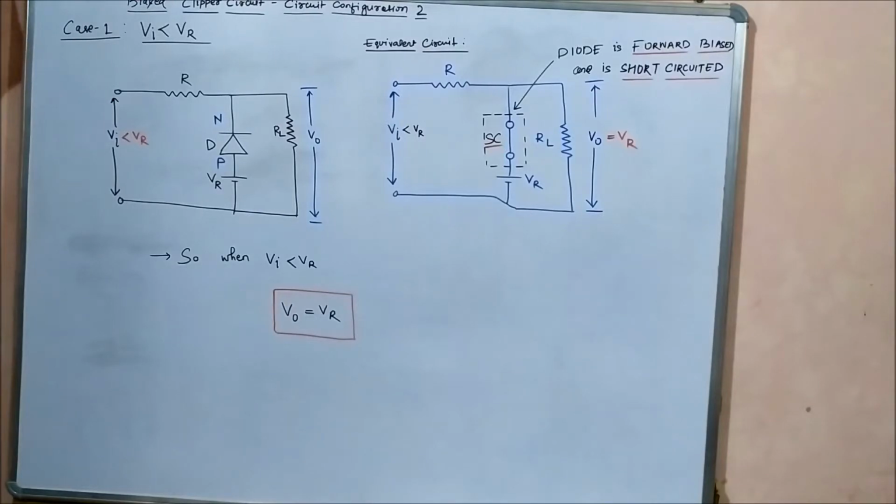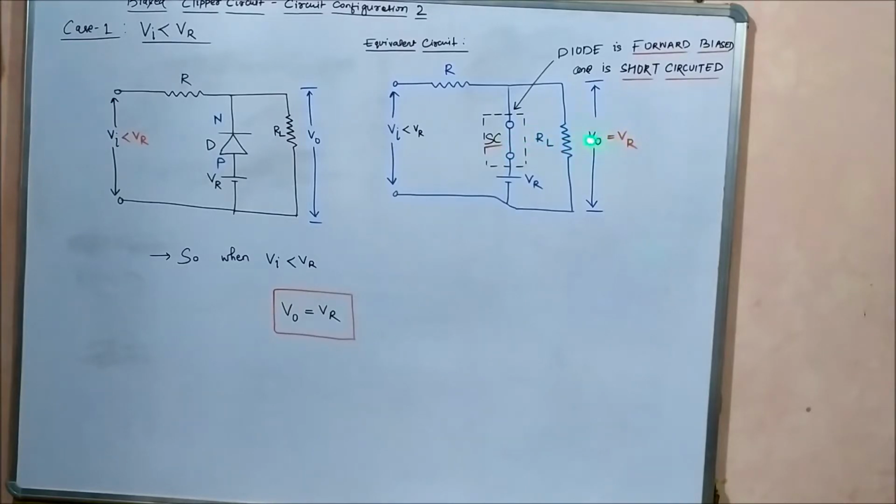Here the p-type end is connected to Vr, the n-type end is connected to Vi. As Vi is lesser than Vr, the p-type end is connected to a higher electric potential and the n-type end to a lower potential. So, in this case, the diode will behave as forward biased and will be short circuited. The entire reference voltage, the DC voltage, will appear across the load resistance as output.